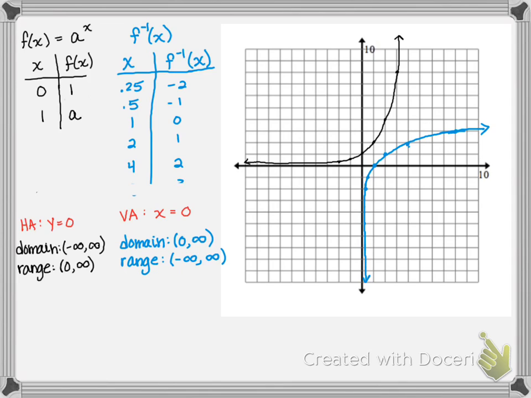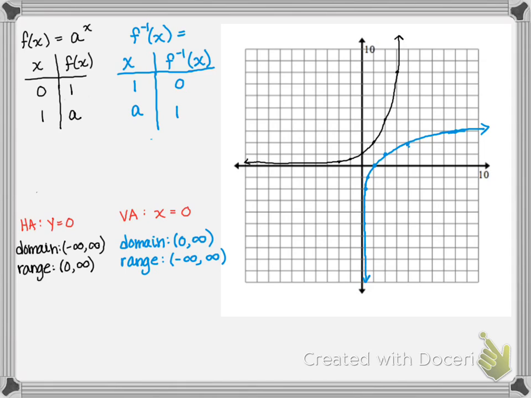And then we can do a couple points on our inverse. So 1, 0. So the graph will always have an x-intercept at 1, 0, and then a, 1. So just flip-flopping those x's and y's. So this inverse right here, the inverse of an exponential function, is what we call the logarithm.